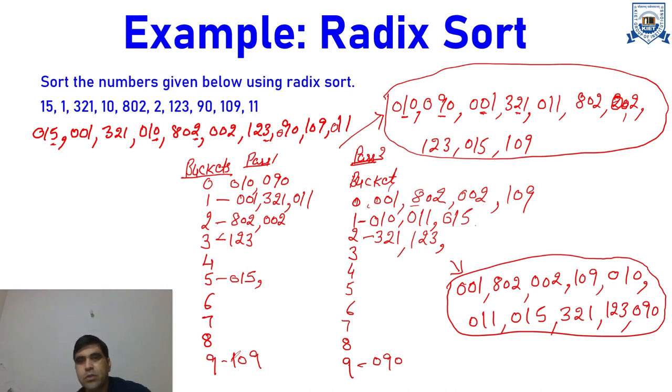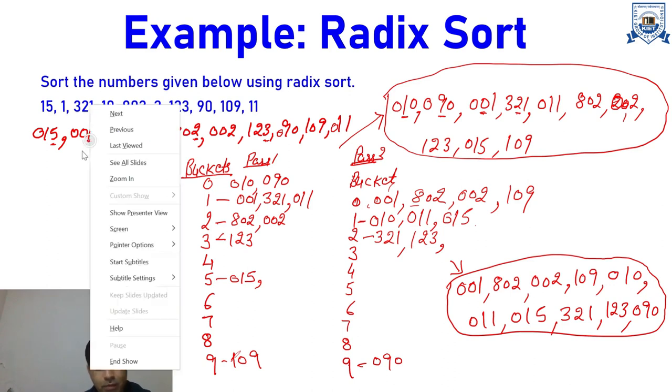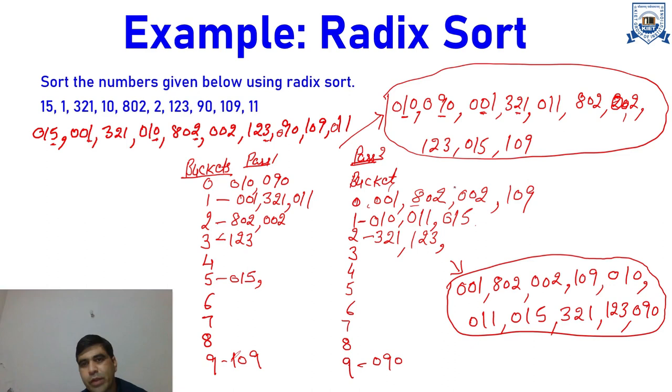So this is pass 1, where we collected keys into buckets based on the digit in the ones place. In pass 2 we collected them as per the digit in the tens place. For example, 090 we placed in the ninth bucket, because the second symbol is 9.